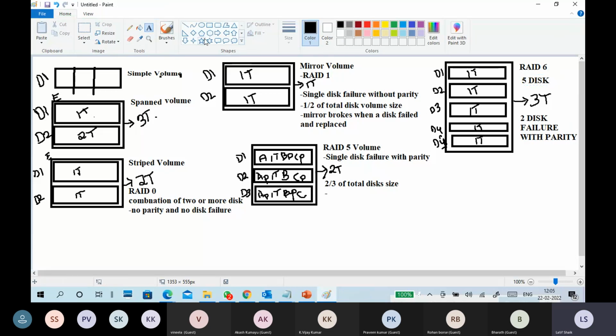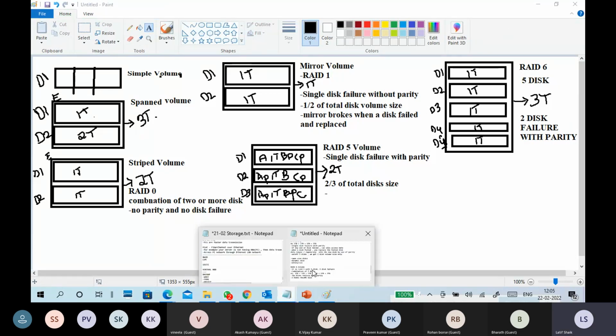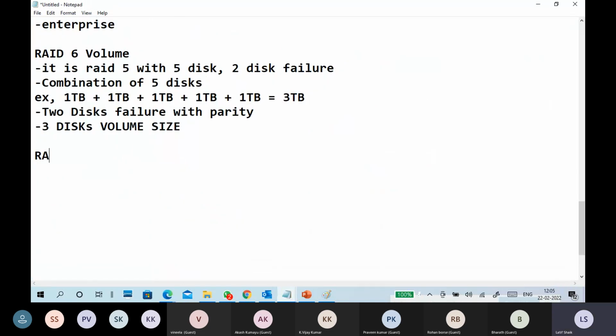Guys, not only this one, we have RAID 10, RAID 50 and so on also. RAID 10 means it is RAID 1 plus RAID 0. RAID 50 means it is RAID 5 plus RAID 0. So if you want to achieve mirroring and also huge volume, it's a combination of mirror and striped volumes.